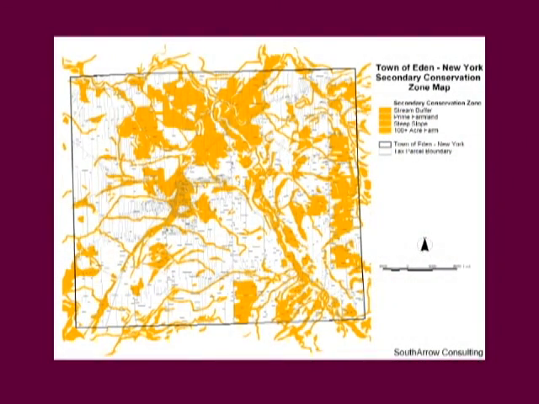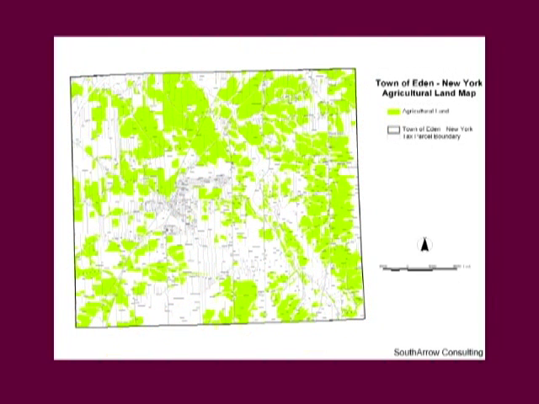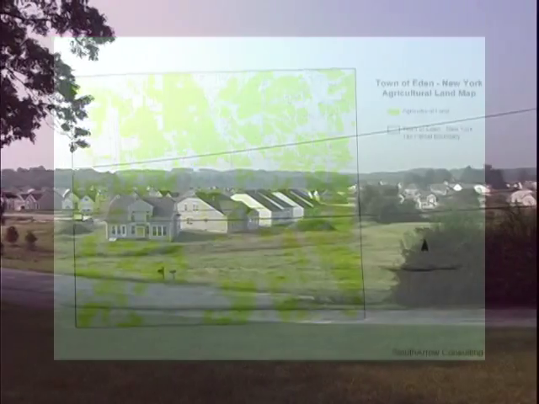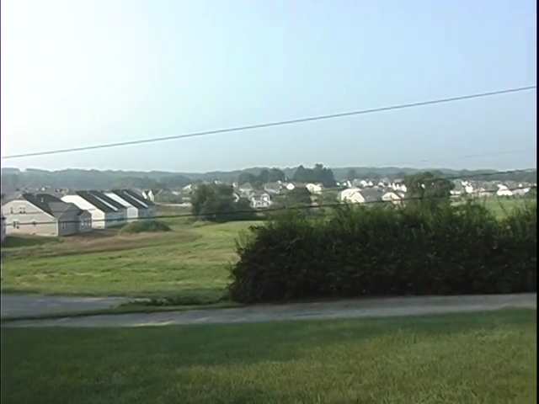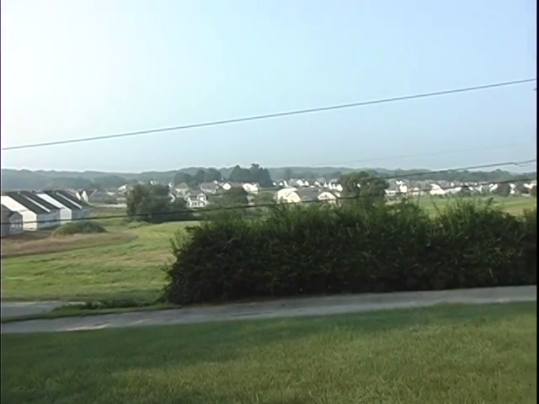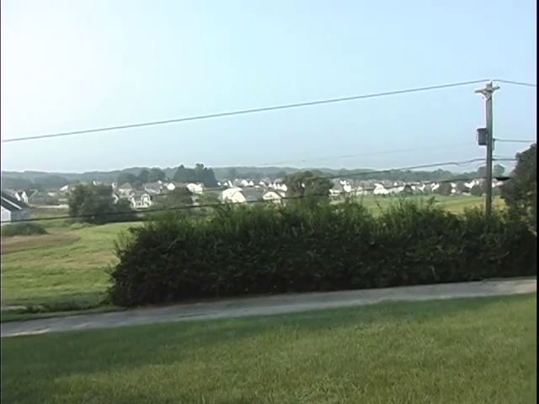Also delineated in orange on the map are secondary conservation areas consisting of significant resource features which are largely unprotected. Active agricultural areas are designated in light green on the parcel map. Secondary conservation areas are typically zoned for uses which are incompatible with natural resources protection and preservation.